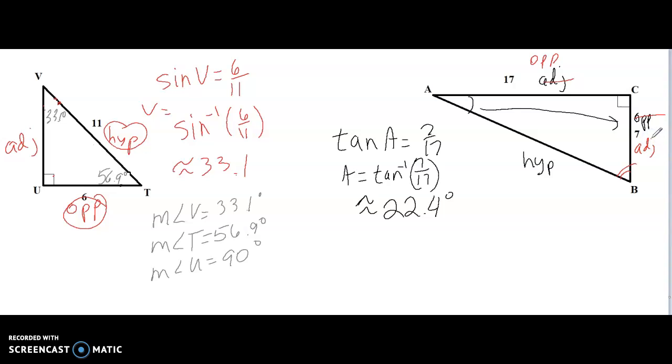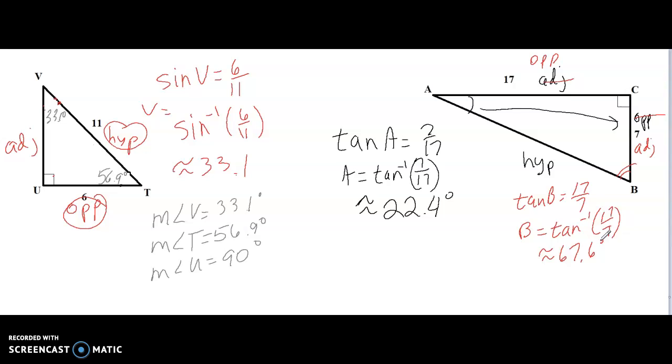So you can see for angle B, the tangent of angle B is 17 over 7, so angle B would be the inverse tangent of 17 over 7, or 67.6. I didn't show the calculations, but I did them. So I know angle A and angle B are 22.4 and 67.6 degrees.